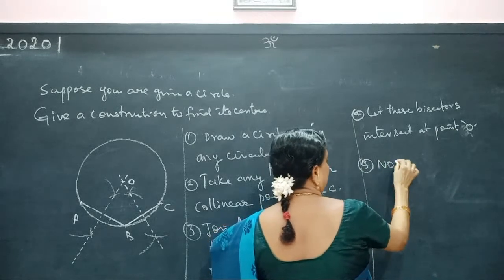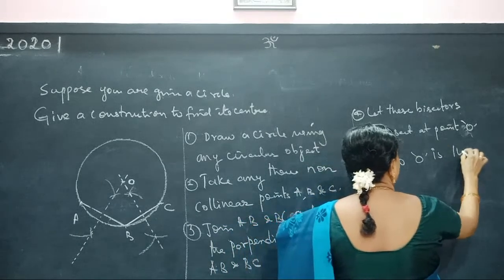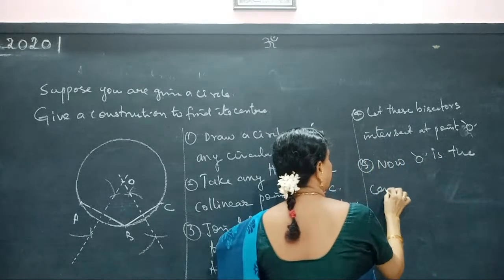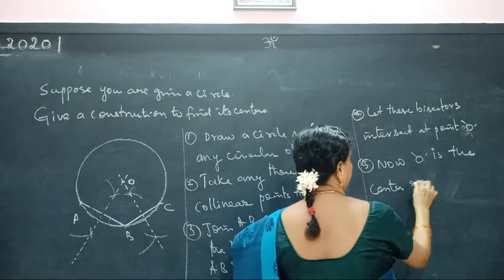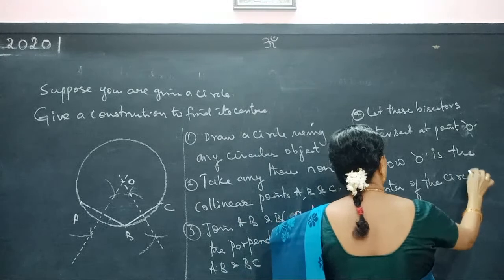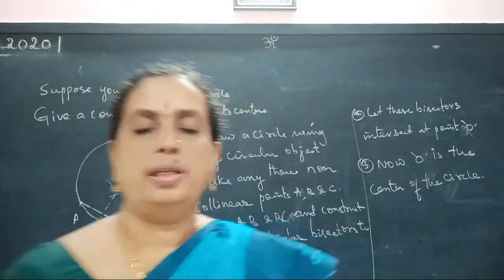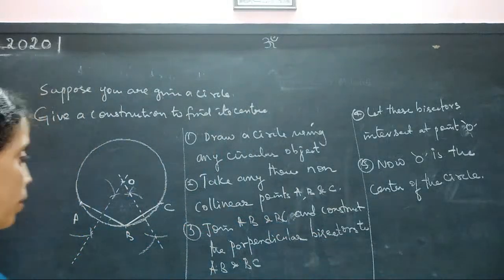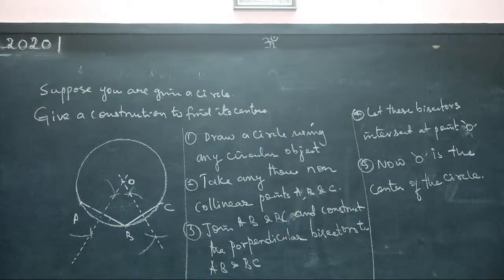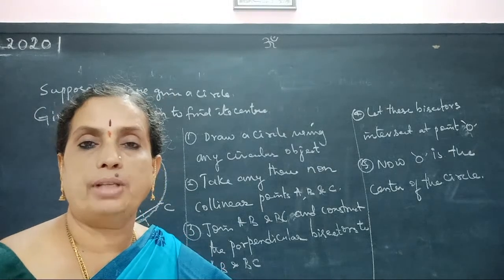Now, O is the center of the circle. Clear? How you constructed, how you got the center of the circle?